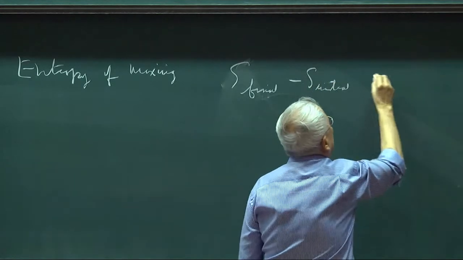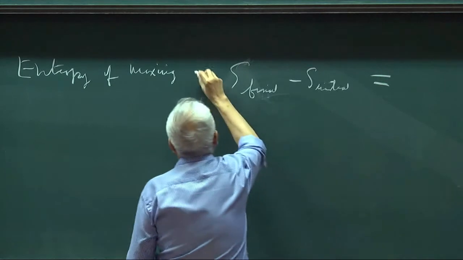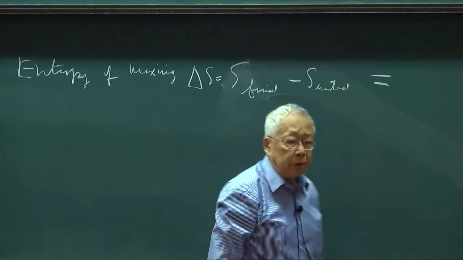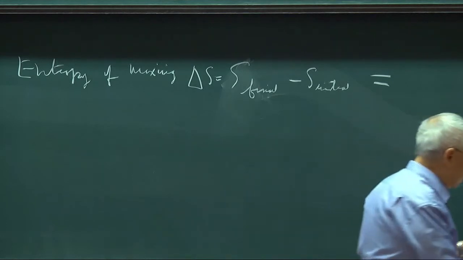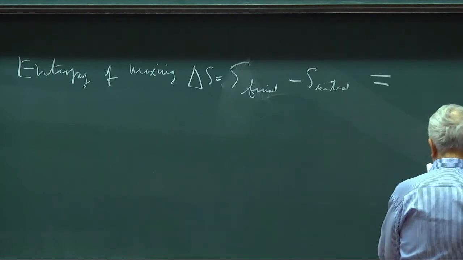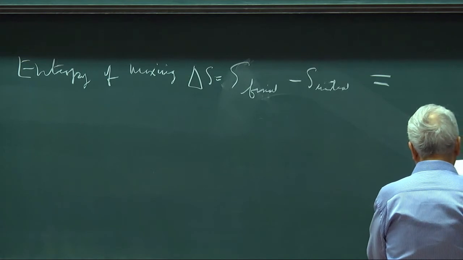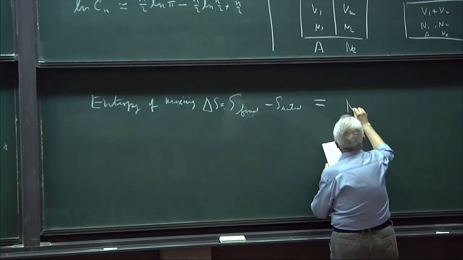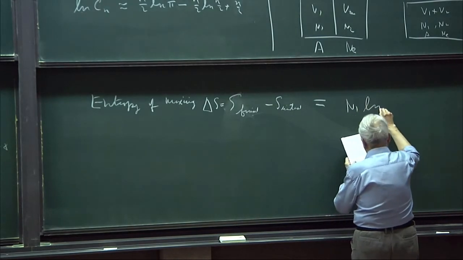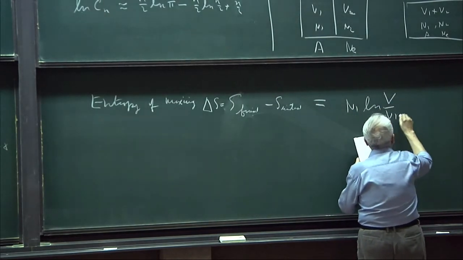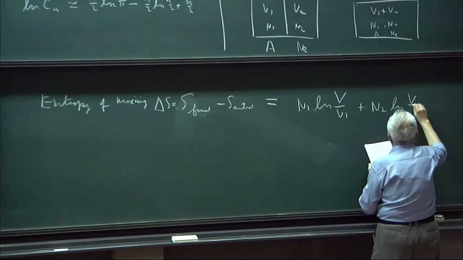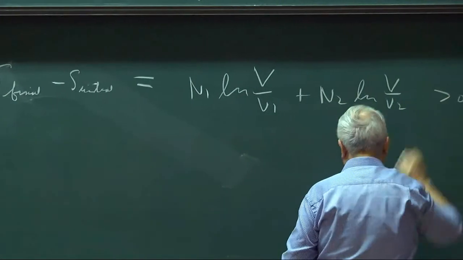That is called delta S. Since we have the expression for entropy, you just can compute it. And you find that it is equal to N1 log V over V1 plus N2 times log V over V2. It's always greater than 0.